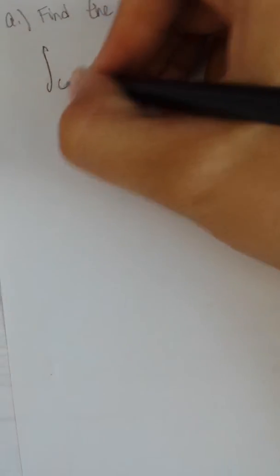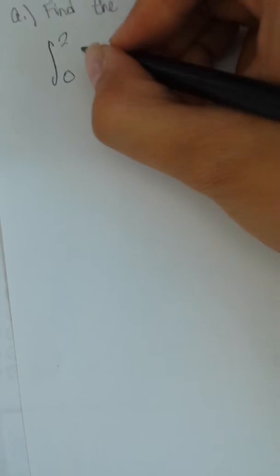What you have to do is find the displacement from t is equal to 0 to t is equal to 2. So from 0 to 2. What you need to do for this equation is make an integral. Your bounds are going to be 0 to 2, and then your equation is t cubed minus t.